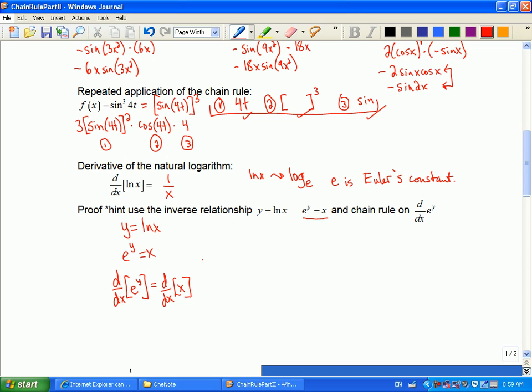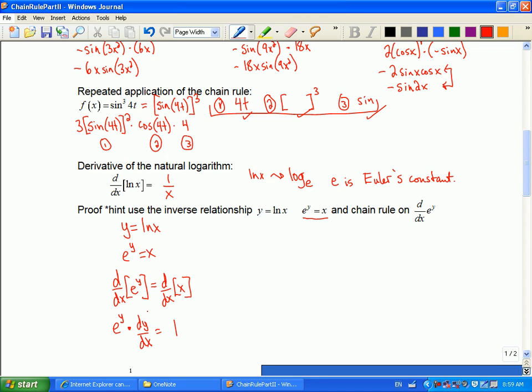I'm kind of going about this indirectly. So let's figure out what happens here. The derivative of e to the y, this is your favorite derivative, it's still e to the y, but it's going to be multiplied by the derivative of y with respect to x. And on the other side, it's 1.